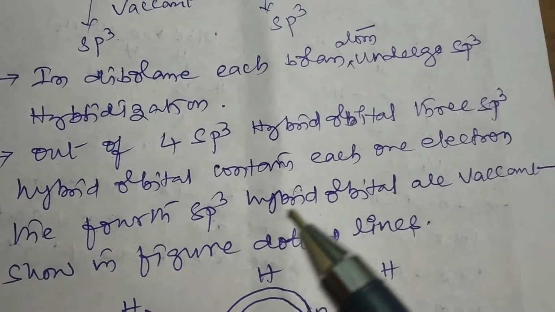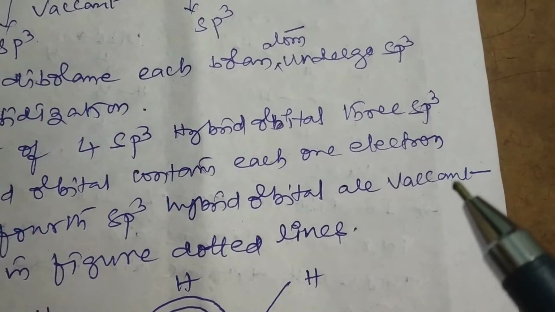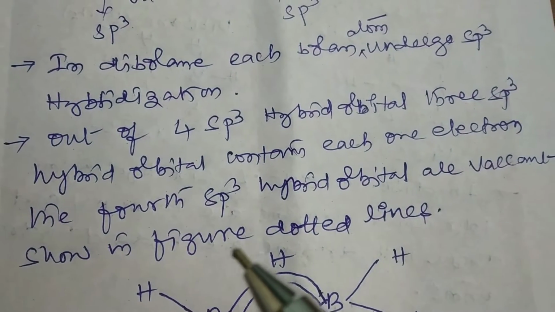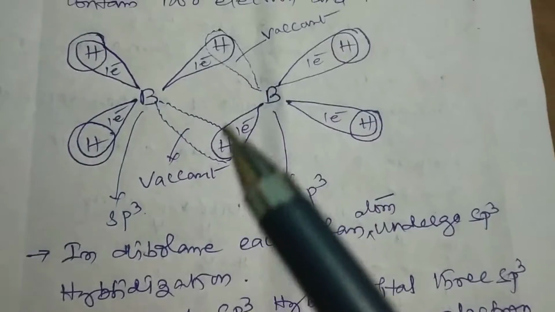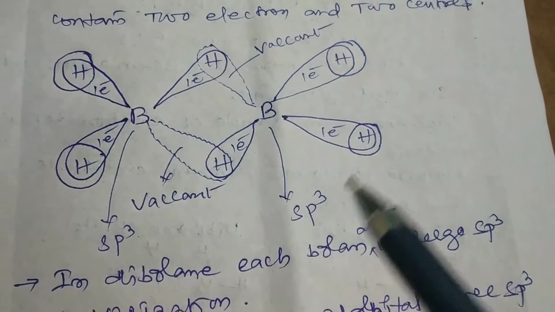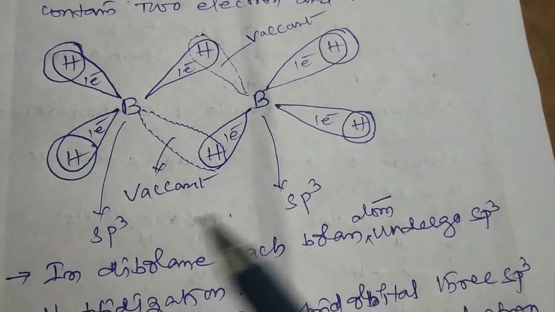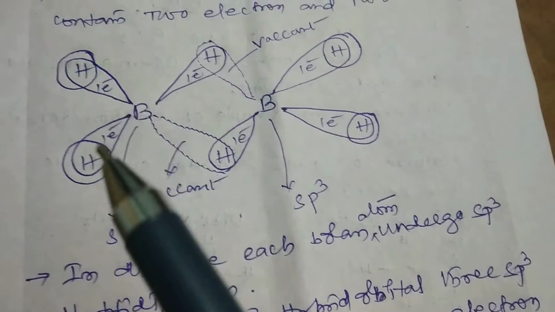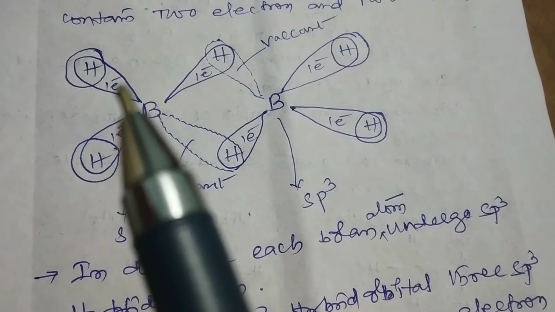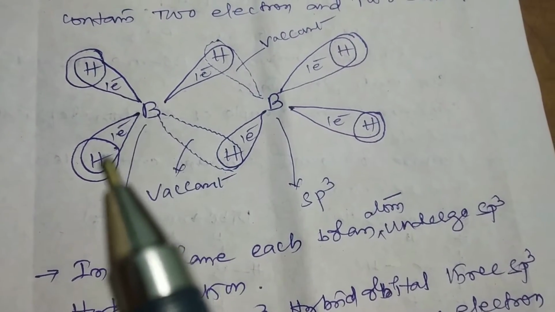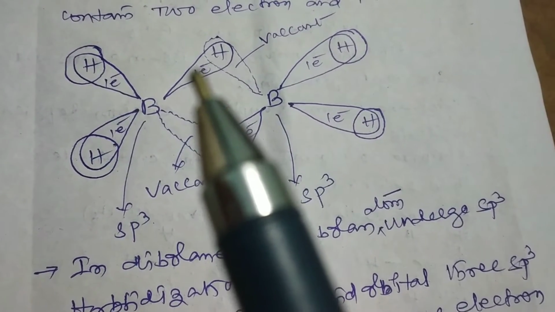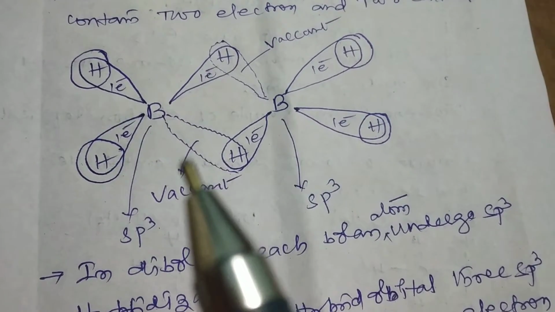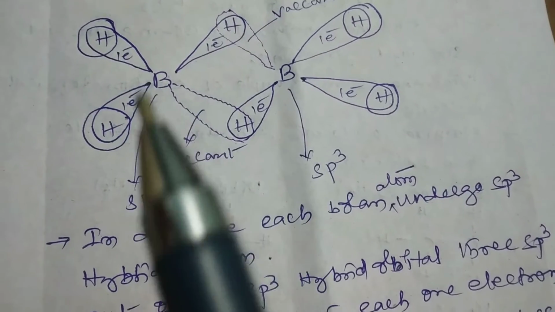The fourth sp3 hybrid orbital is vacant, shown in the figure as dotted lines. This is the structure of diborane. These 3 each contain one electron, and this one is vacant, shown in the figure in dotted lines.